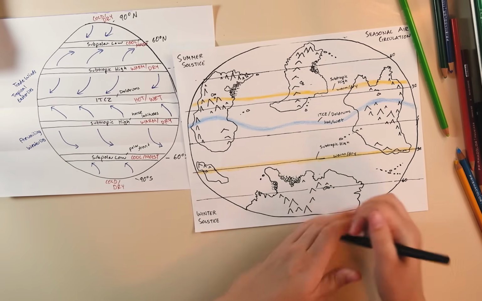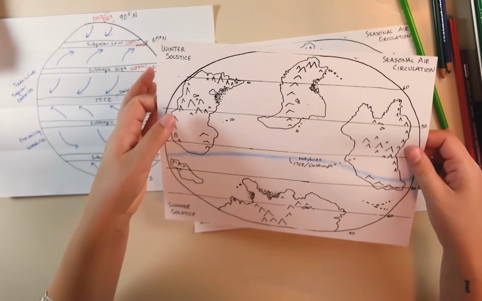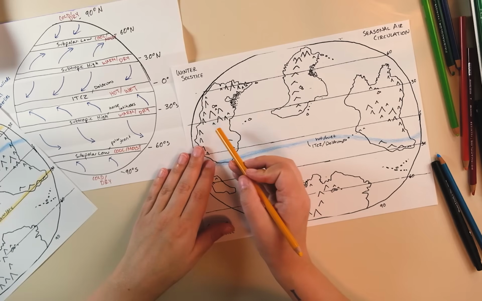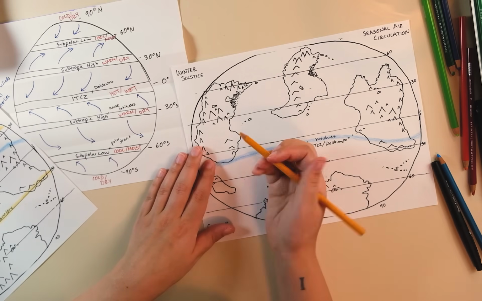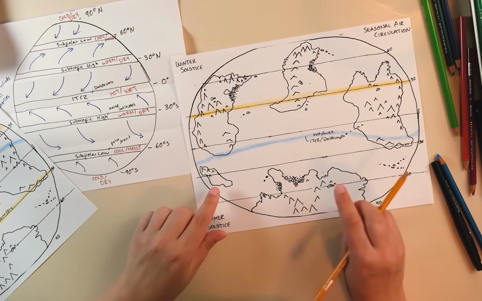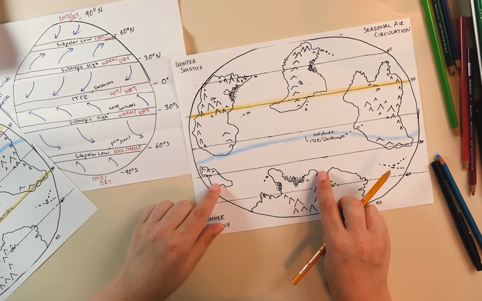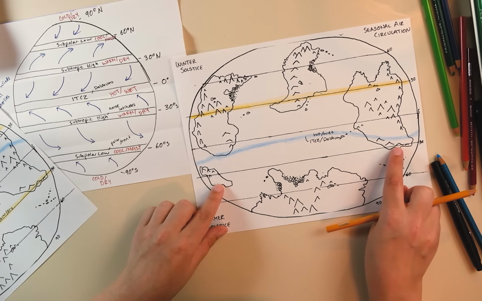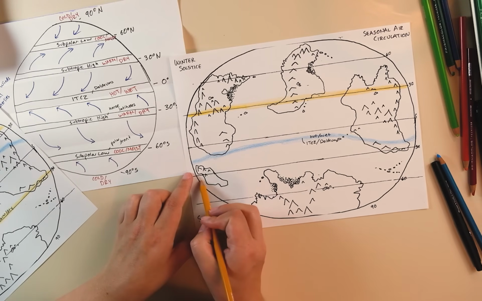And we'll do the same thing on our other map. So where it is winter, this is essentially going to hug 30 degrees. So we'll just draw that right across here real quick. Okay, and then up here, it's going to push a little bit further towards the poles since this is summer. And especially in areas where the ITCZ hugs really close, we'll push it a little bit extra.